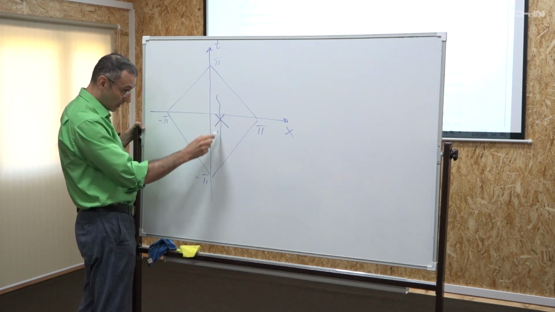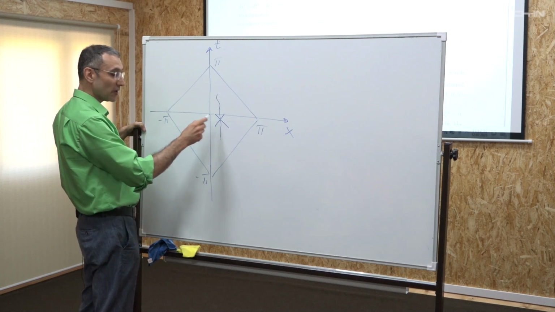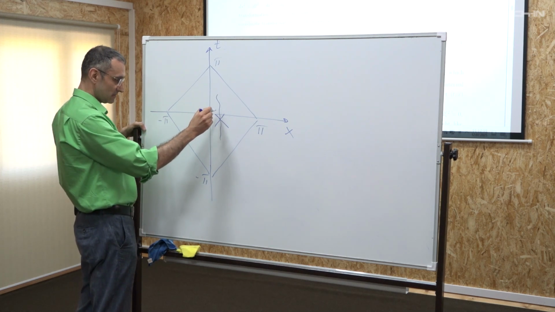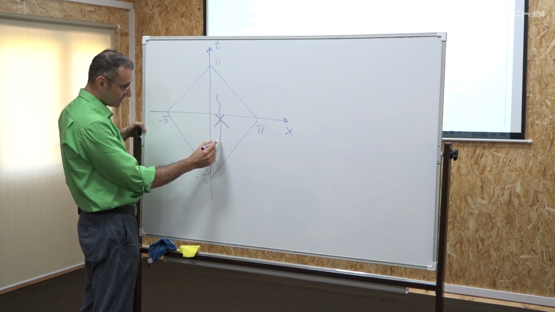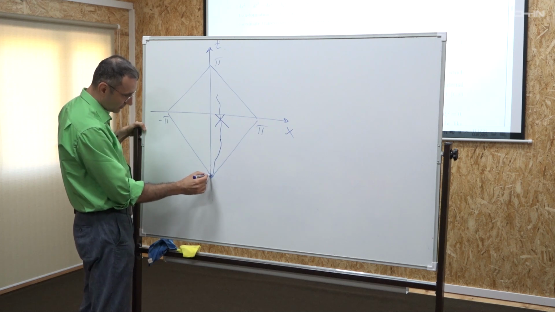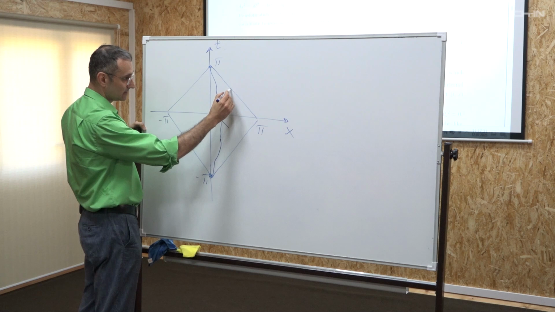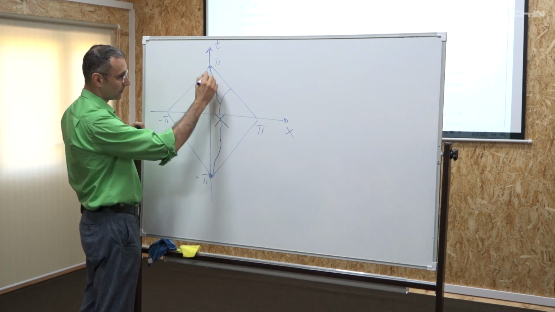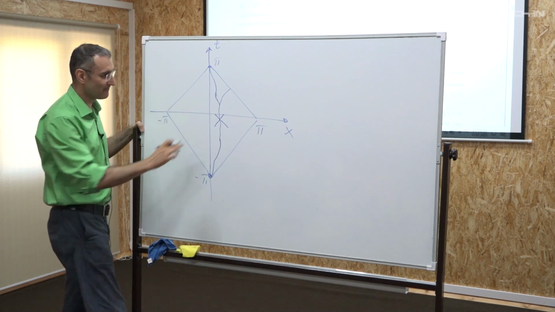So at any point of this curve, it is situated inside the light cone, here and here, not outside. As a result, this curve can start from here and end here. It cannot go like this. Otherwise, it will break this rule. You see what I mean?